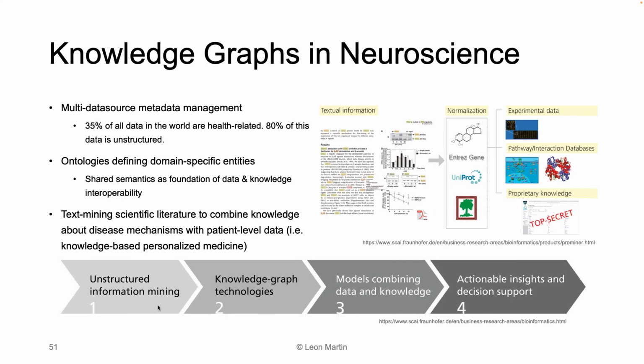So we have unstructured information mining, then we have knowledge graph technologies, then we can combine data and knowledge into models, and then as a result, we can draw actionable insights and new decisions, or we can build new hypotheses that could be tested with our data, or even with data already available.